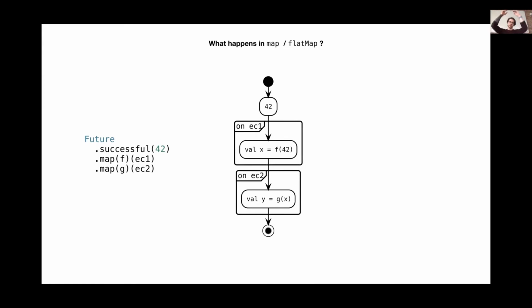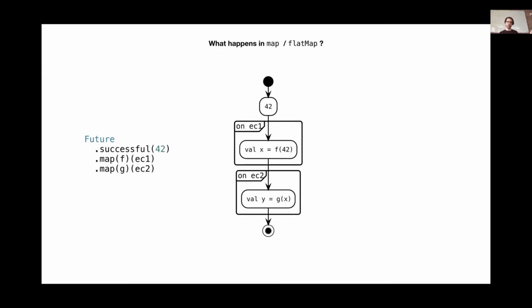So basically, we start on the main thread because we have a successful future, or whatever thread called this piece of code. And then we submit to the first execution context to run this f of 42. Then, with the result of that, we will run another function on the other execution context. Of course, this might be still the same execution context.